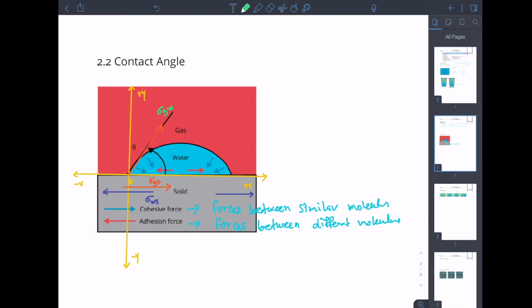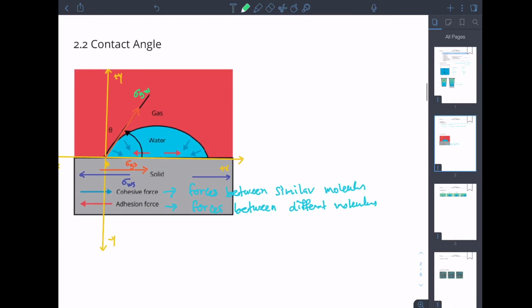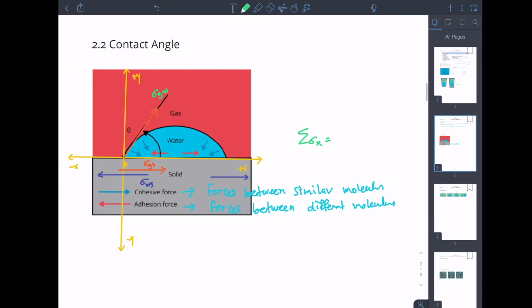So if I want to study the total forces, or the total sigma, in the x-axis, so sum of sigma x, then based on the axes that we developed at point A, we have sigma gas solid minus sigma water solid, since it's going toward the negative axis.